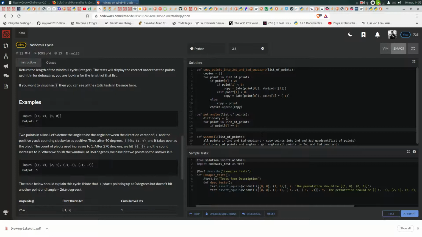how do we make a dictionary? We say dictionary, and the key shall be the point, and the value shall be a string, in this case 90 degrees.